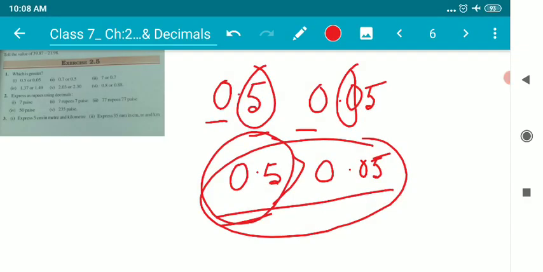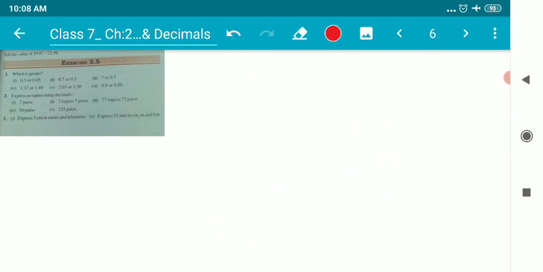Okay, children. One other similar pattern can be seen over here. Suppose two numbers I'm considering look pretty similar, but they are not the same actually. Children, 2.03 and the other number is 2.30. Out of these two numbers, which one is greater?